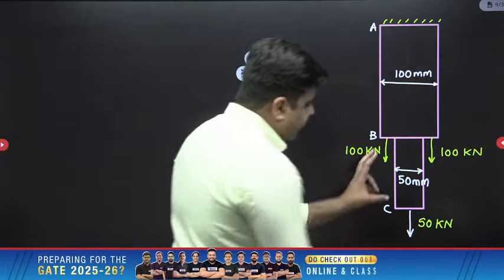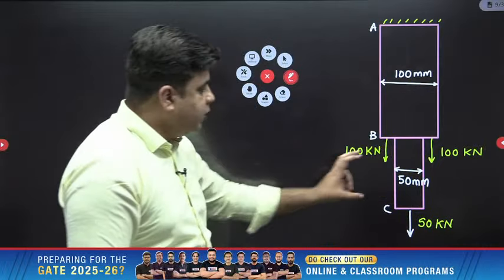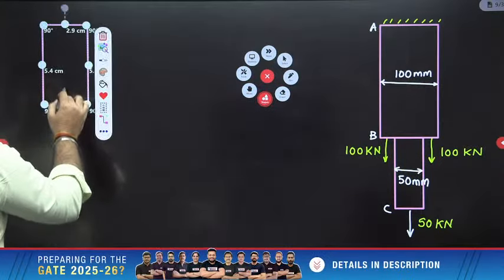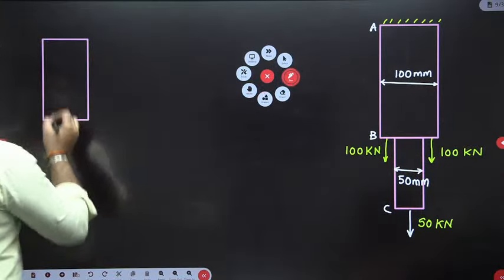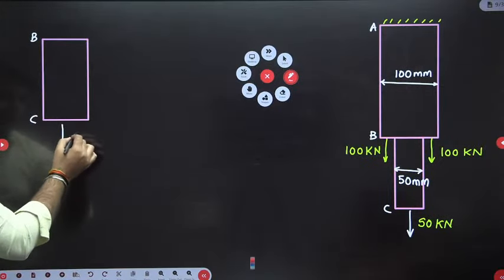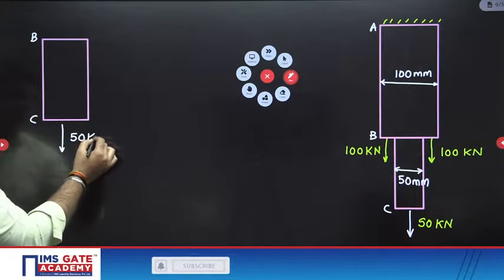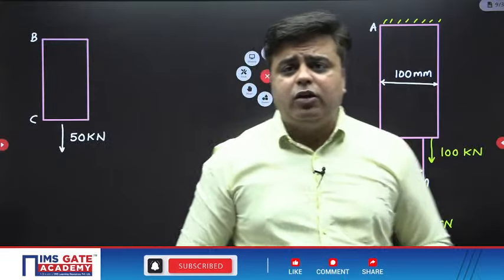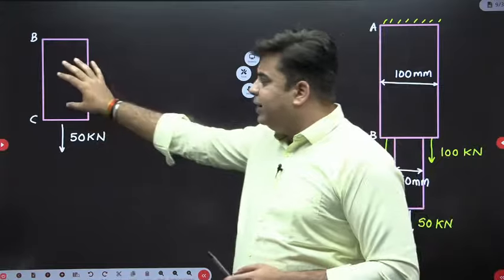First, let me take this portion BC and draw the free body diagram of this portion BC. Check this out. This portion BC is subjected to a downward load of 50 kilonewton. But if I draw only this 50 kilonewton load, do you think this will be in a state of equilibrium?